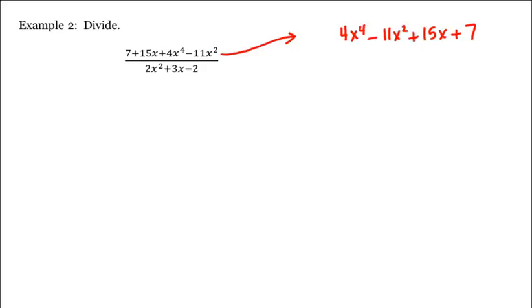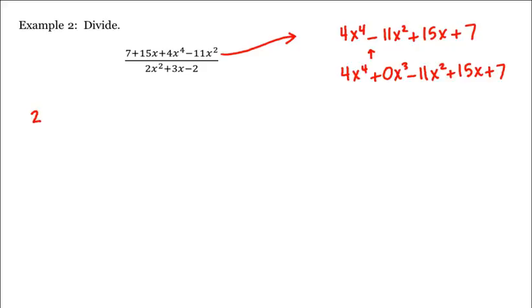And the other thing to notice is also there's no x cubed term. So let's add a placeholder term with a coefficient of 0. That is, let's write our dividend 4x to the fourth plus 0x cubed minus 11x squared plus 15x plus 7. All right, so we're ready to divide now.